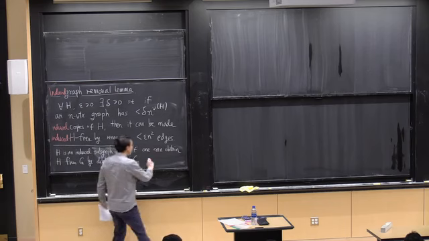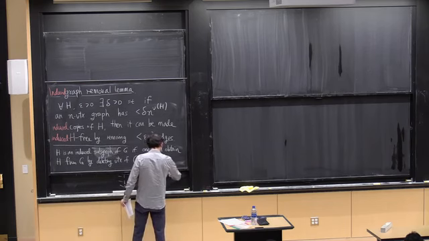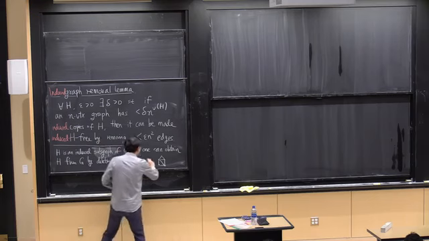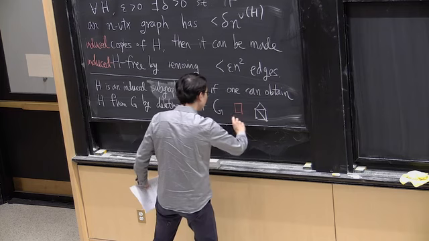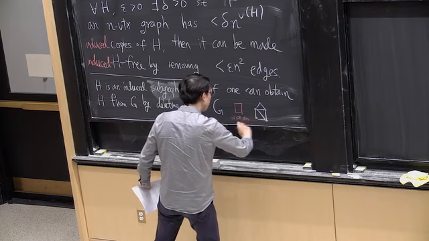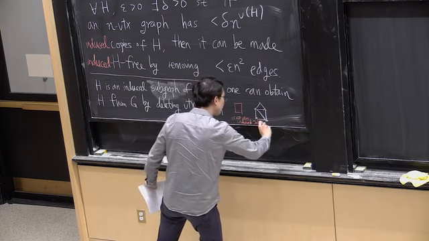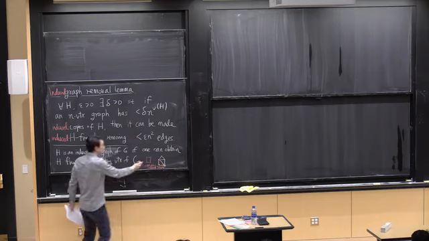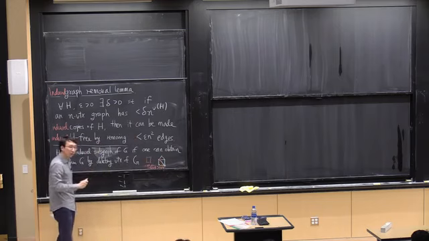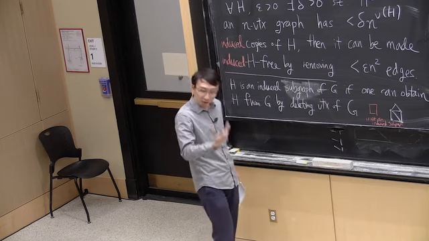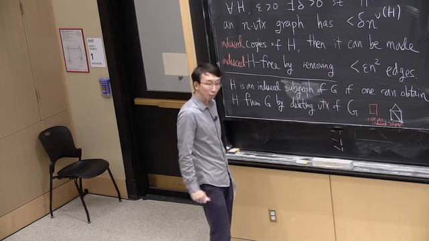In other words, the fourth cycle is not an induced subgraph here because if you select 4 vertices, you don't generate this fourth cycle. You get extra edges. It is a subgraph, but not an induced subgraph.